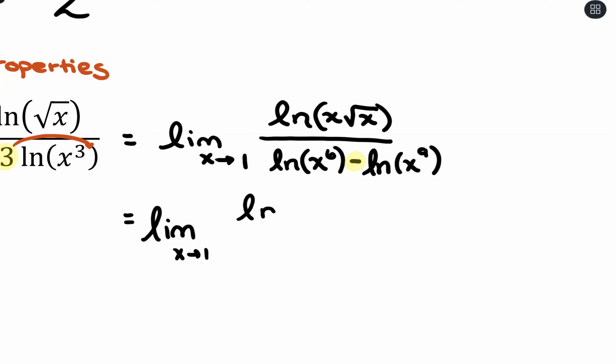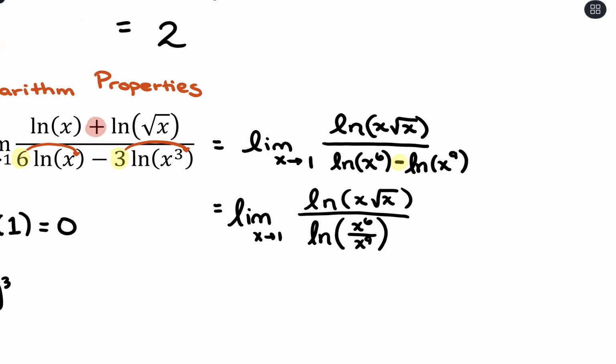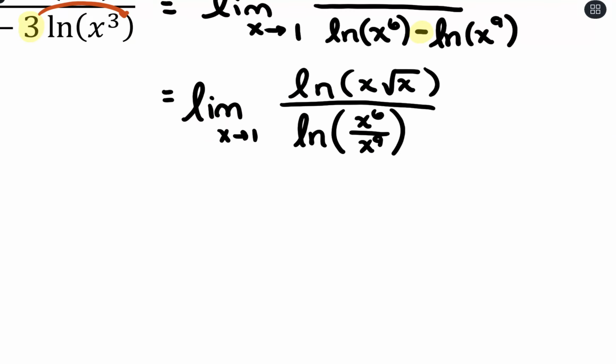We're going to have natural log of x root x over, and down here I'm going to have the natural log of x to the 6th over x to the 9th. As I'm doing this, you could keep trying to plug in 1 each time you evaluate it, but we're still getting a denominator of 0. So that's why we have to keep going here.